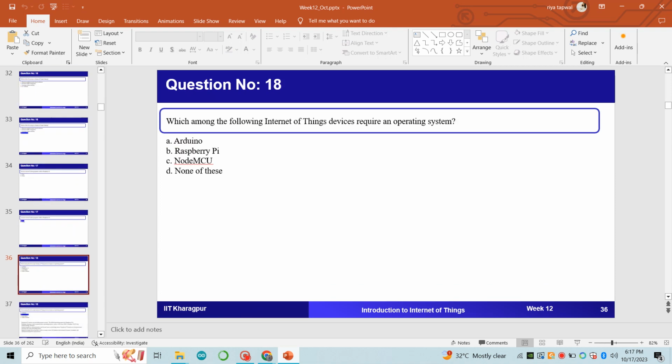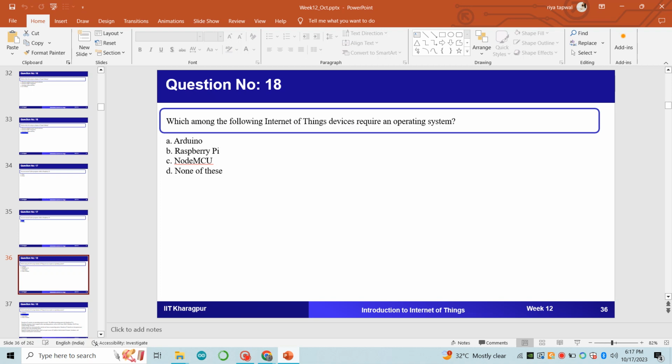Next question is, which among the following Internet of Things devices require an operating system? Options are Arduino, Raspberry Pi, Node MCU, none of these. Option B, Raspberry Pi. Okay, anyone else? I think it's D, none of these.